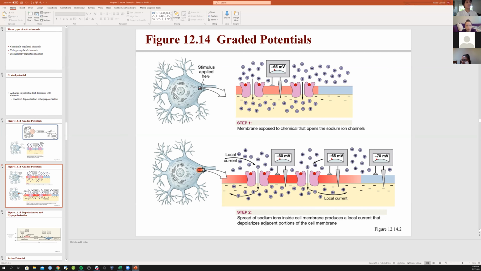It changes the local environment. It went from negative 70 to negative 65, so it became 5 millivolts more positive, because all of this positive charge entered the cell. So this localized change is a graded potential.